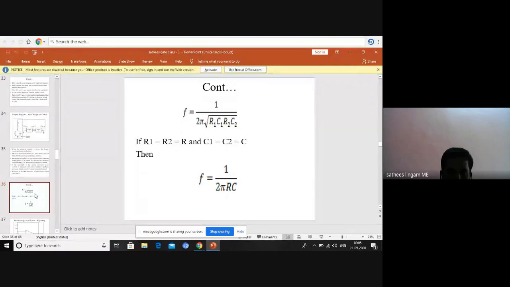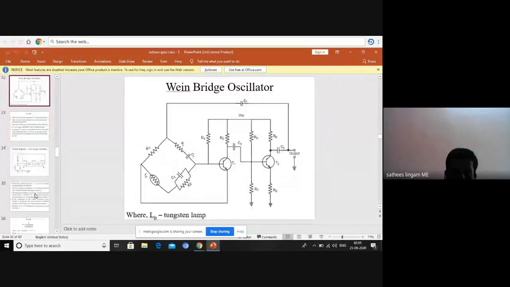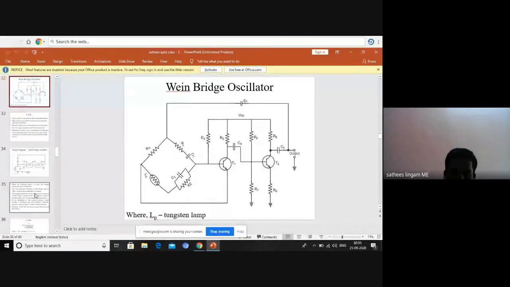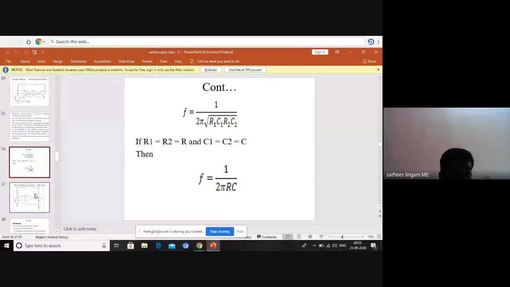If R1 is equal to R2 and C1 is equal to C2, the equation becomes 1 by 2 pi RC, not root RC.